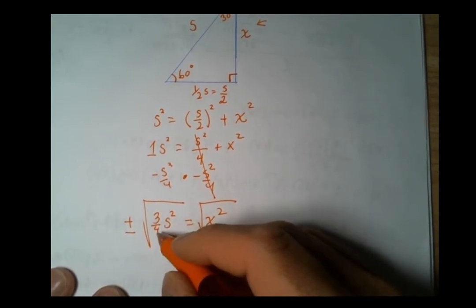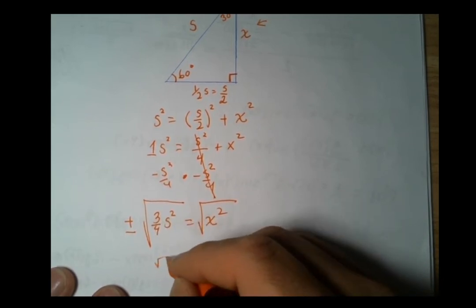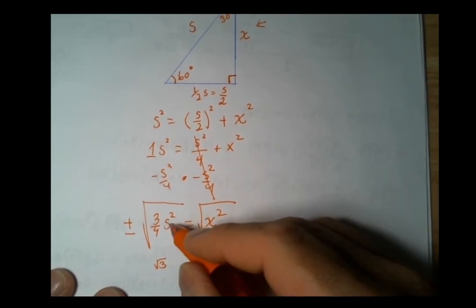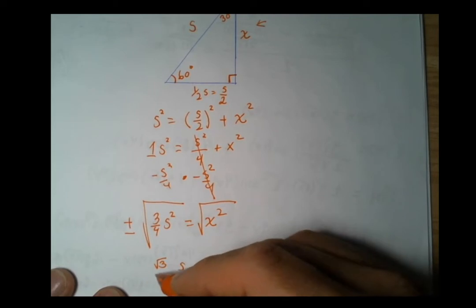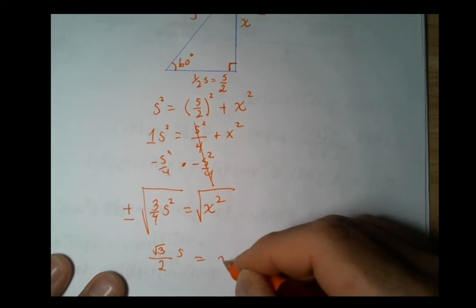By properties of square roots, since this is all multiplied or divided, we can take the square root of each individual factor. Square root of 3, I'll leave exact as root 3. Square root of S squared is S, and square root of 4 is 2. And of course, square root of x squared is x.